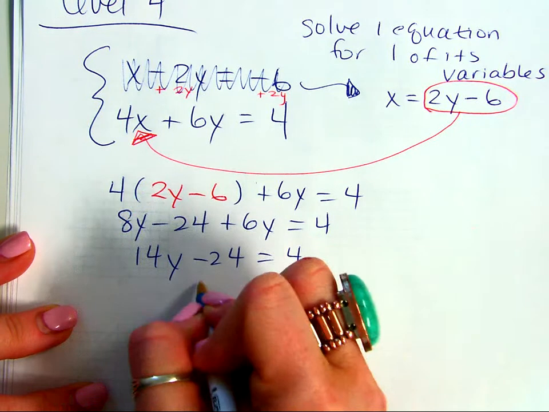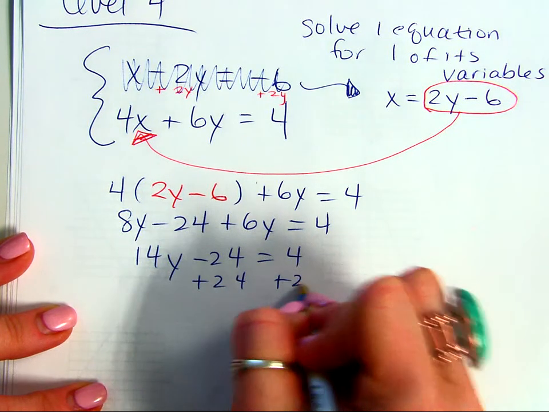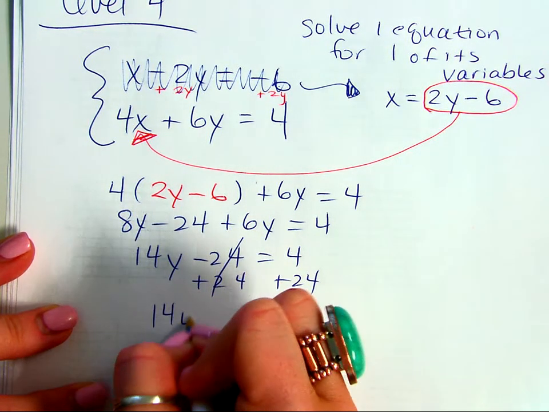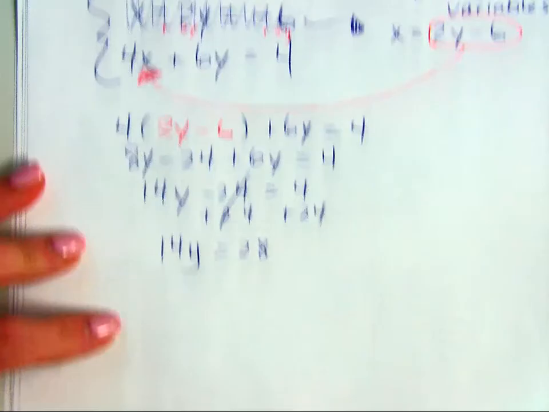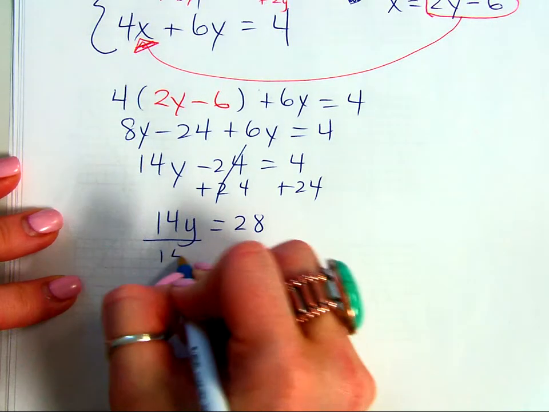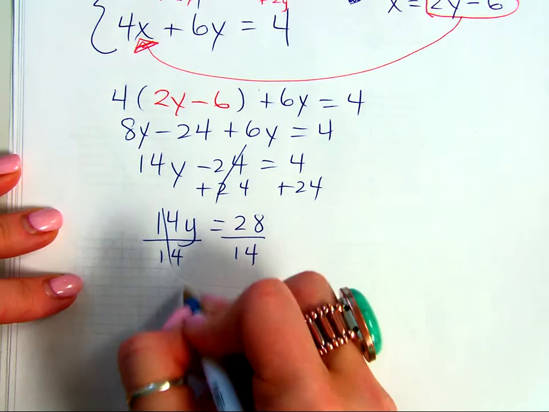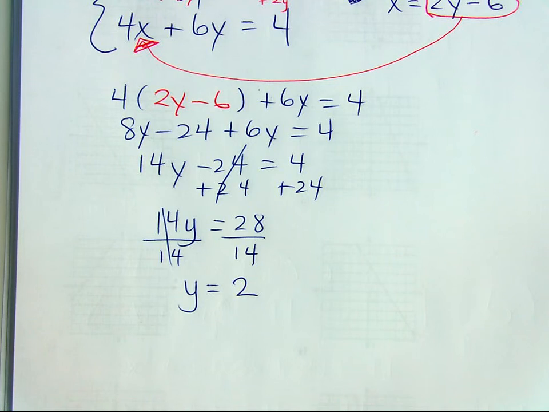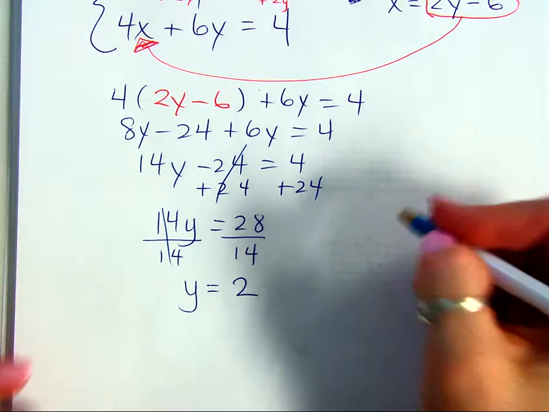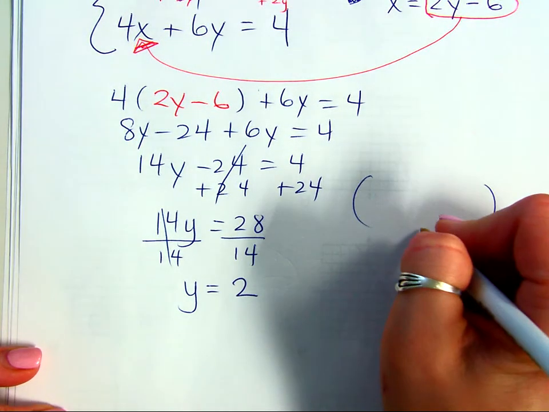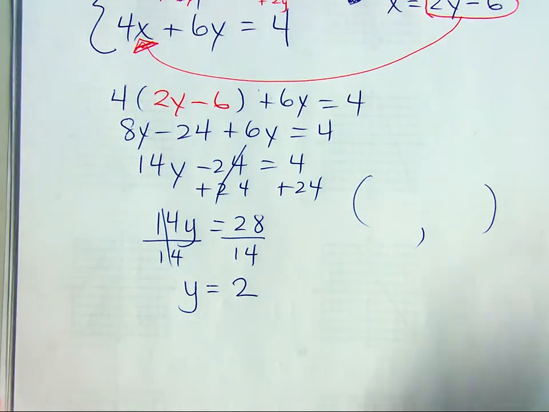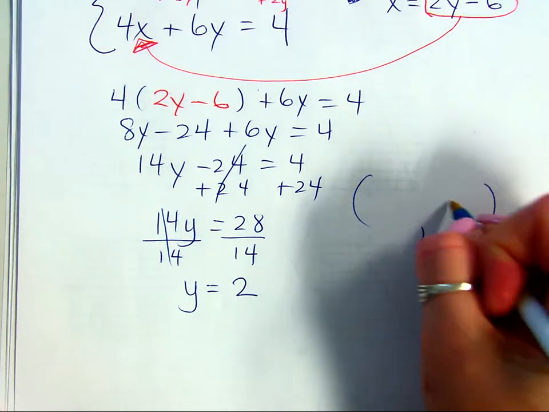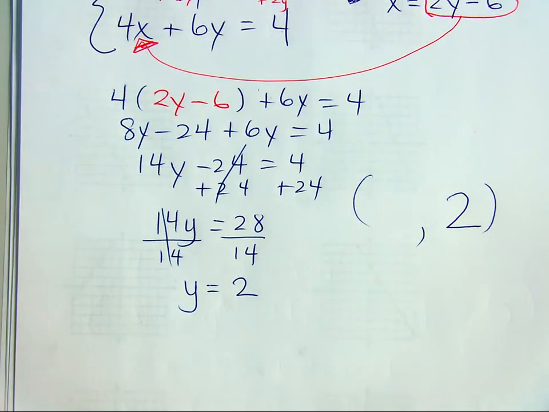What's that? Plus 24. And once again, there it is, going nice and evenly. If you get this far and you don't get a whole number, turn back around. So I know half my answer. It's 2. I'm almost there.